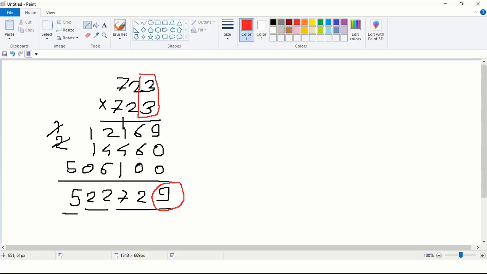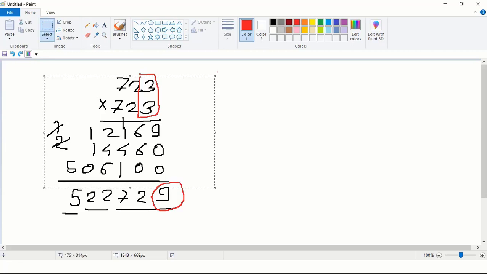Now suppose there is an equation like 723 whole to the cube, power is 3. How can we solve it? We already have the answer of 723 power 2. So if we multiply the result of 723 squared with 723, then we will get 723 cube.